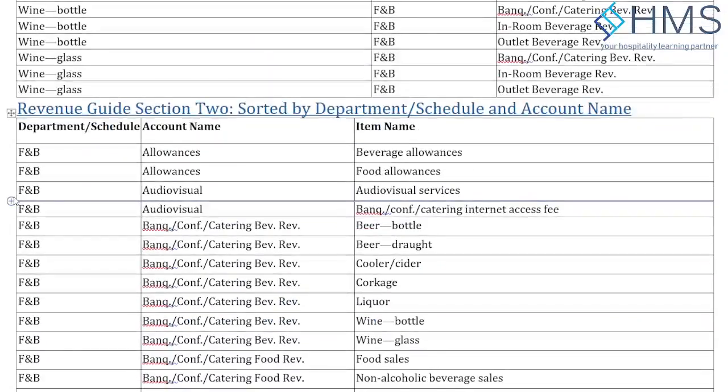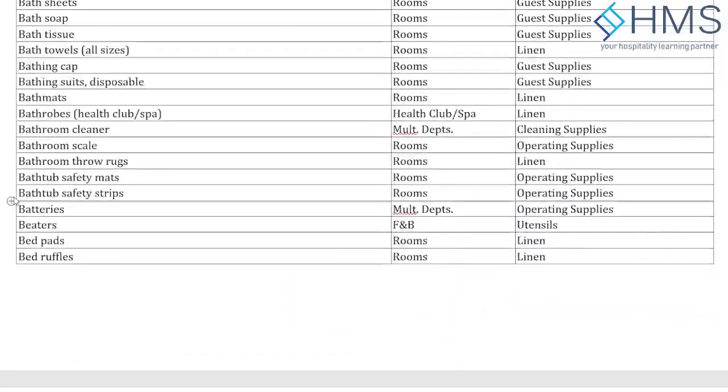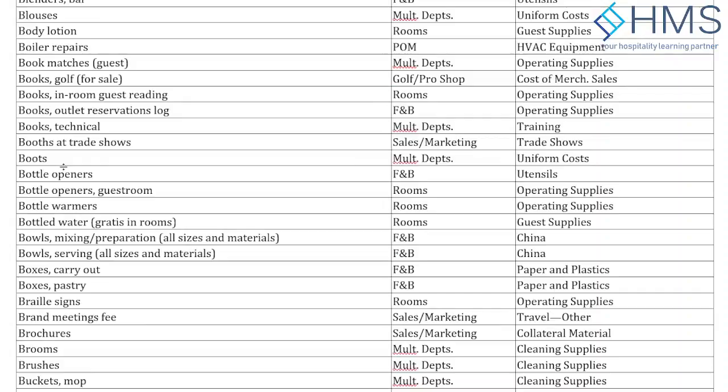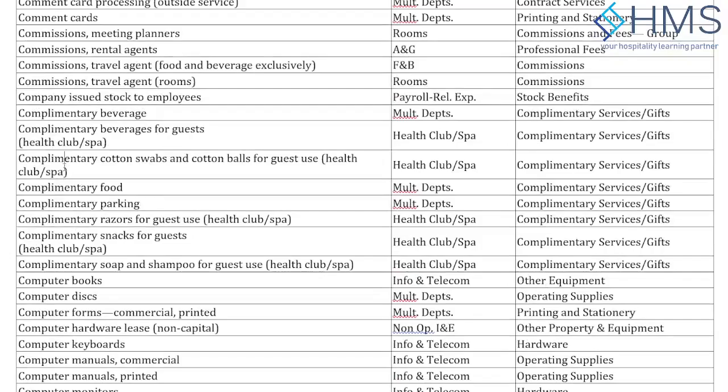By different types of expenses. So I will pass that on to you so that you can copy this into Excel and do your pivot table or search or whatever you want to do, so that it's easier for you to use. Okay, so that is all about the uniform system of accounting for the lodging industry.